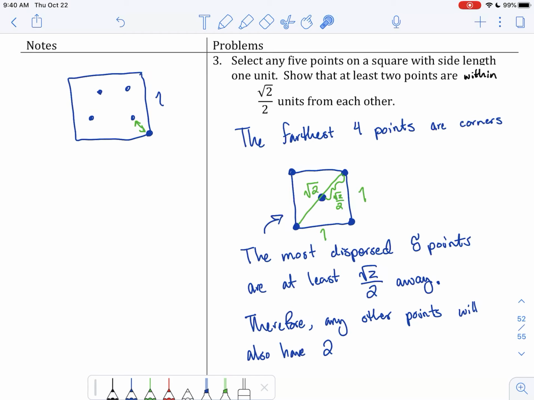So it's not guaranteed that they'll all be within root 2 over 2 of each other. But there will be 2 that are no more than root 2 over 2 units apart.